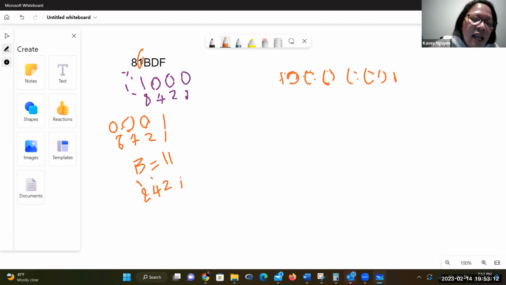So 3 can't subtract 4. 3 can subtract 2. I get one left. So B is 1, 0, 1, 1. Then I have D, right? C is going to be 12, D is going to be 13.